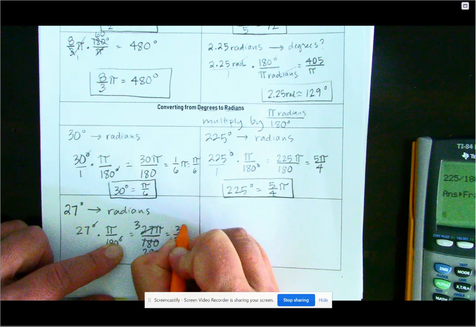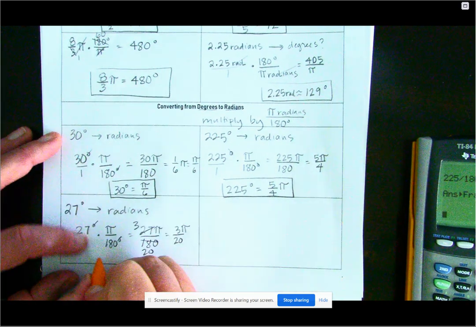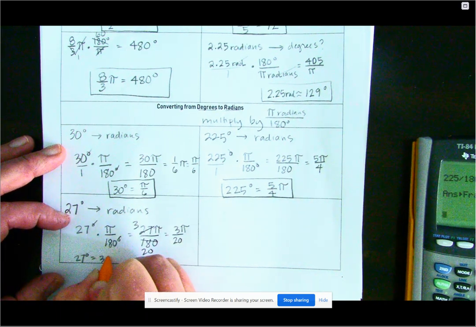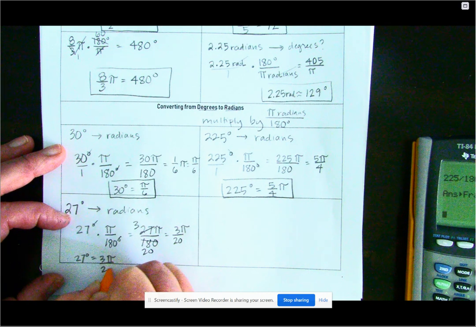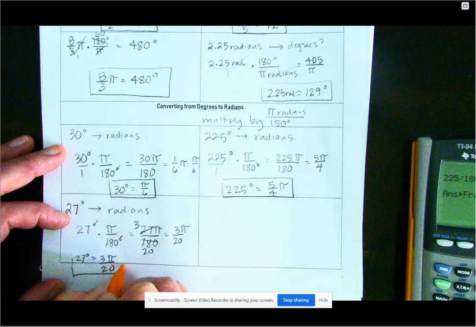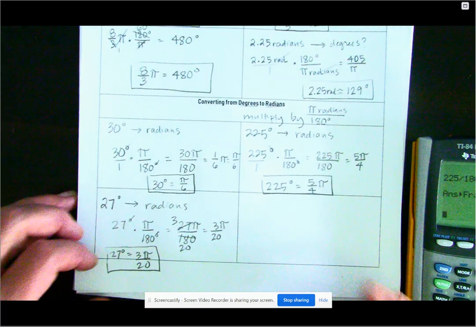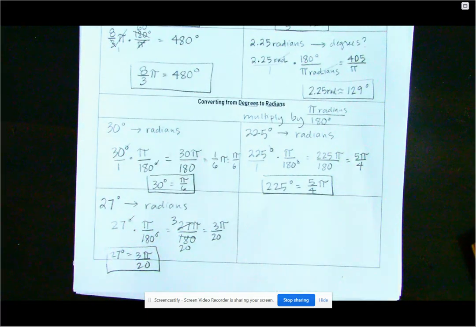Three pi over 20, or 3/20 pi. So 27 degrees equals 3 pi over 20. Oh boy, I got a bit of a glare. So sorry, sunshine is coming in the window.